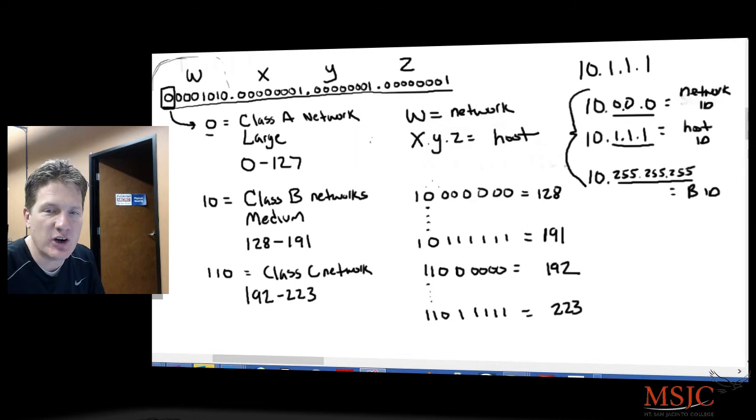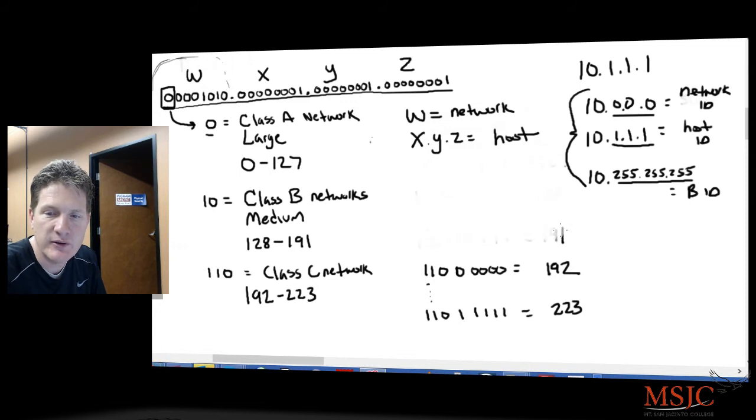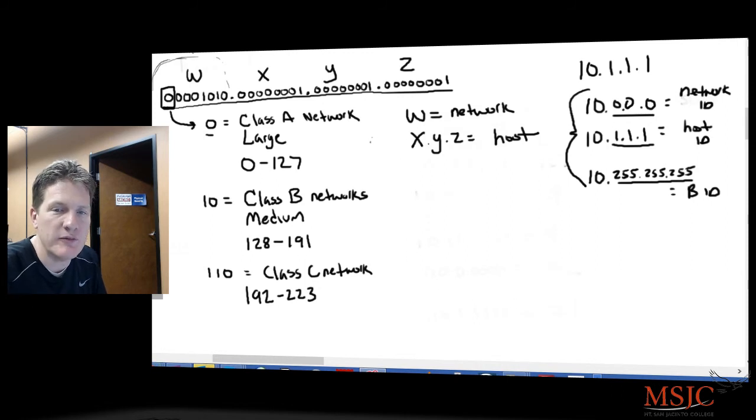So this is how they determined the network. Let me show you how they knew what the network was versus what the host was. As I told you before, in Class B, W.X was the network and Y.Z was the host.